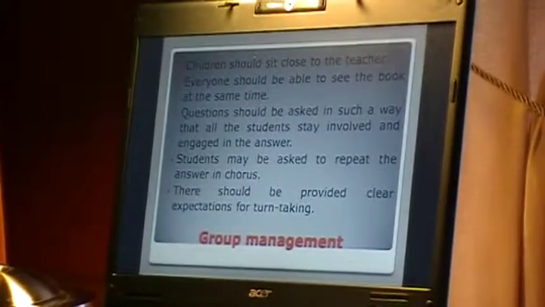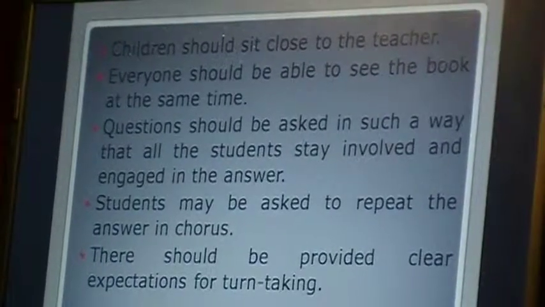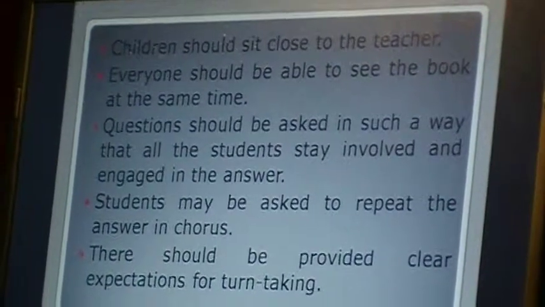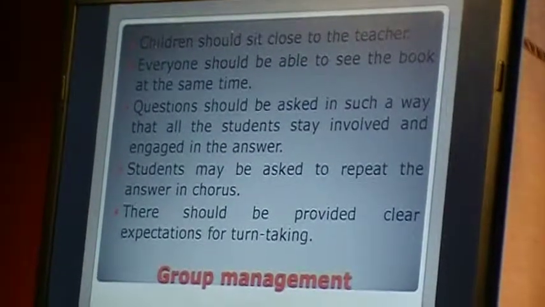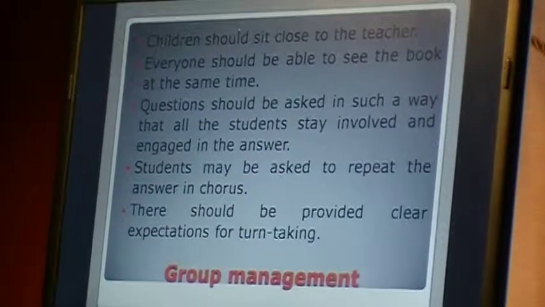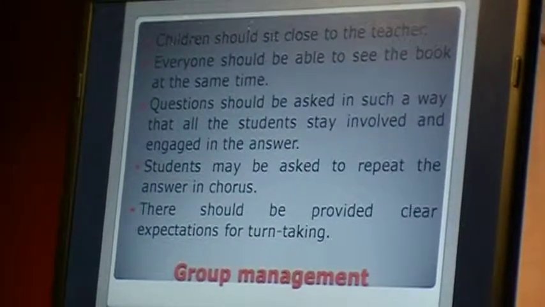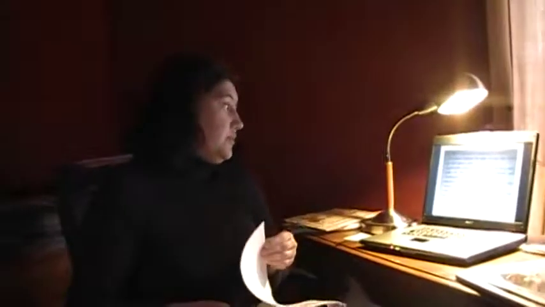Questions should be asked in such a way that all the students stay involved and engaged in the answer. Students may be asked to repeat the answer in chorus. They should be provided clear expectations for turn-taking. In dialogic reading, it is very important that all students are participating and have opportunities to respond verbally.